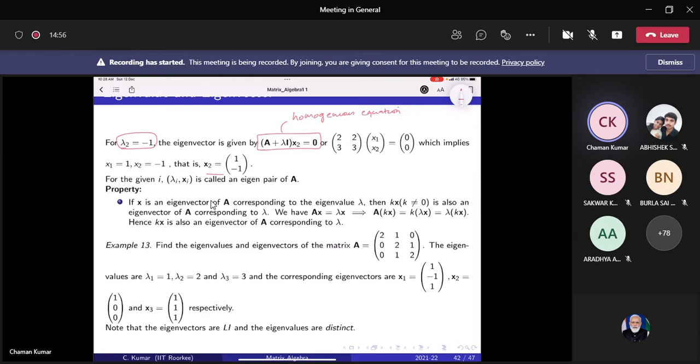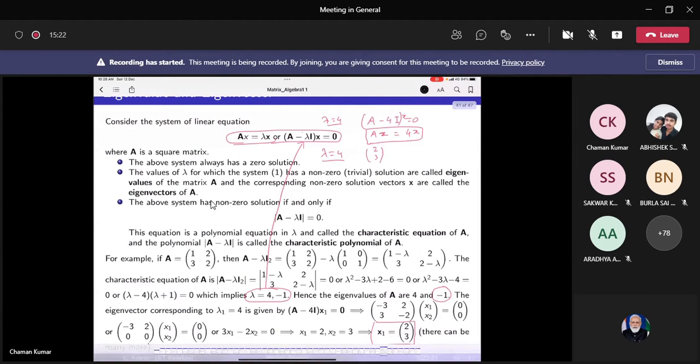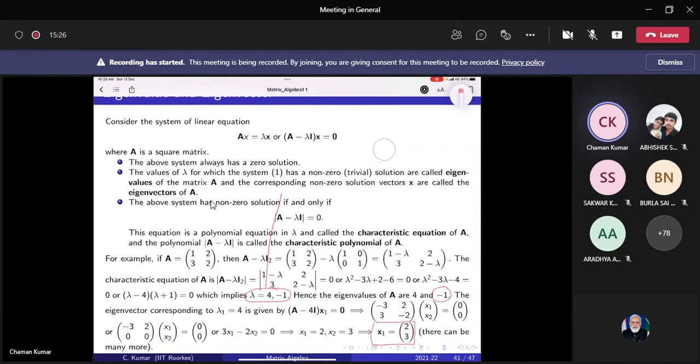So this solution will come out to be the vector 1 minus 1. So this means corresponding to the eigenvalue lambda is equal to minus 1, we are able to find a non-trivial solution which is 1 minus 1. Fine. Is this clear? Any question here?